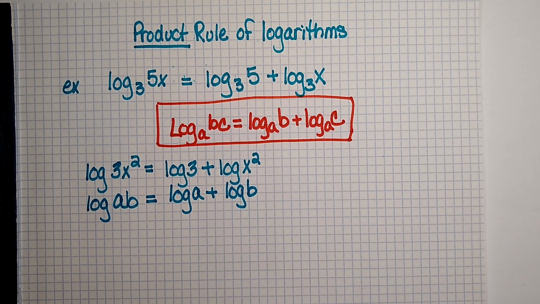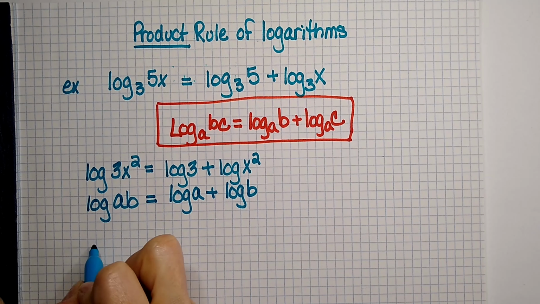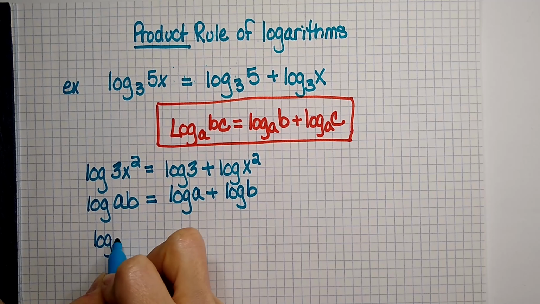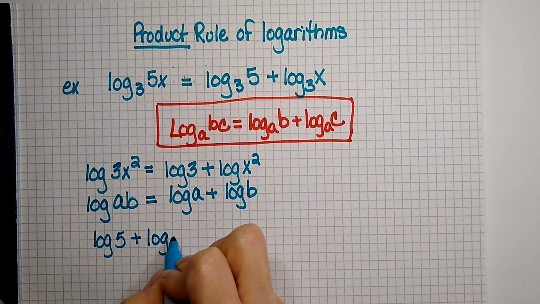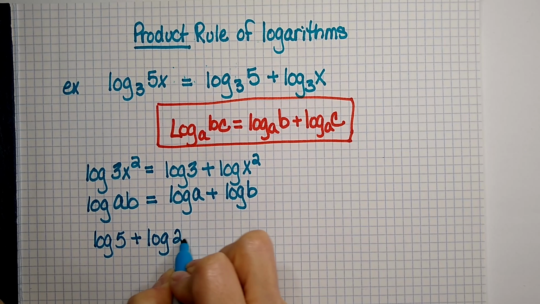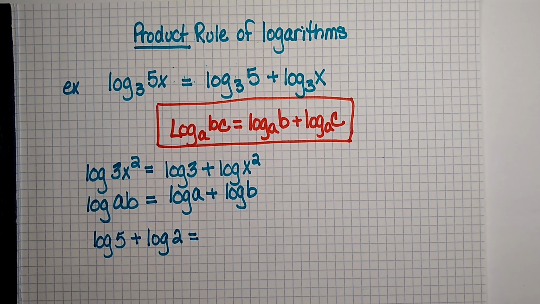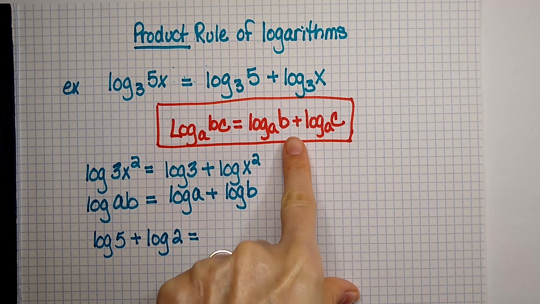I am going to, however, ask you to go the opposite direction. If I ask you to put this expression together and create one log, what would that be? Now I'm going backwards.